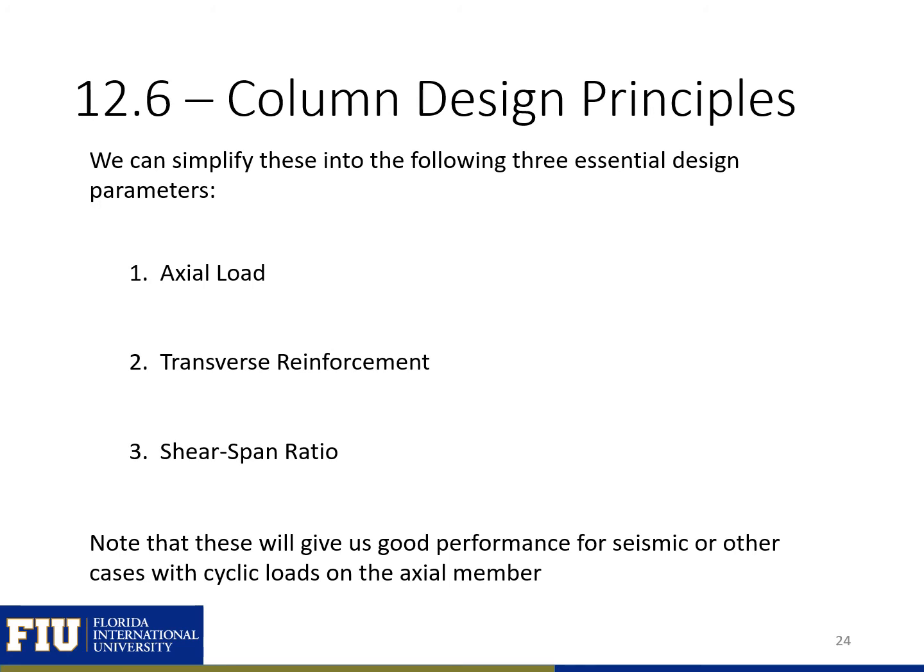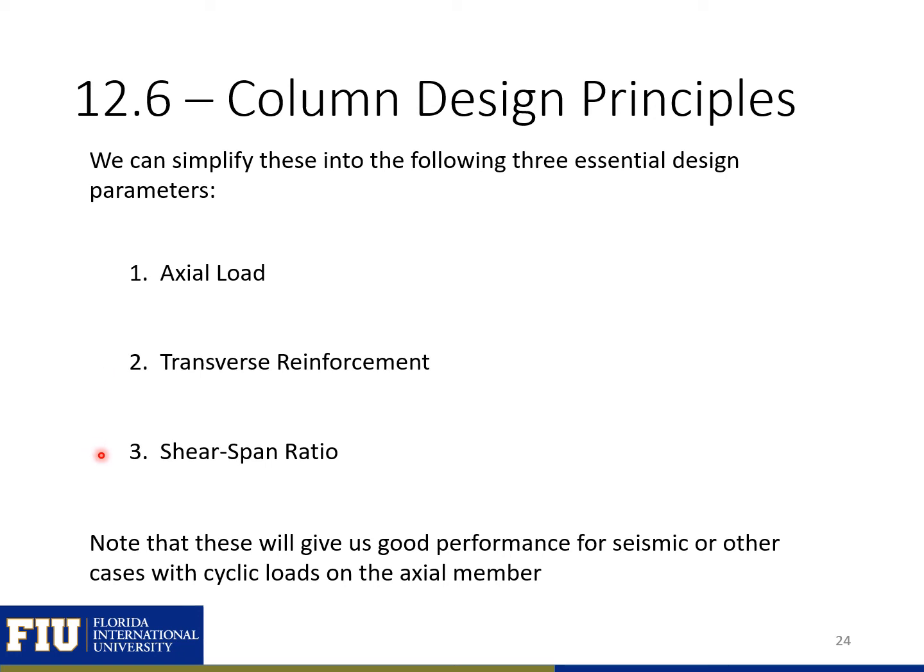The observations on the previous slides can be simplified into 3 essential design parameters. Number 1, the applied axial load compared to the axial load capacity of a column. Number 2, the transverse reinforcement ratio, which controls the ductility of the section, how much confinement benefit we have, and if the longitudinal reinforcement will buckle or not.